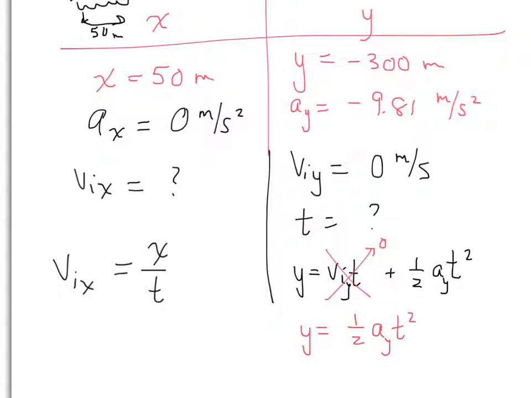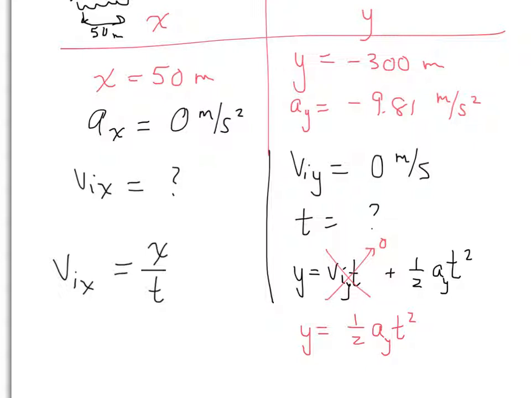It's 1/2 a t squared. So I can try and determine the time in this problem. Solve for it algebraically. How do you get rid of a 1/2? Multiply y by 2. Yup.